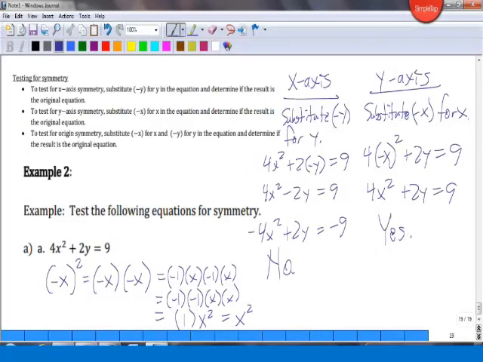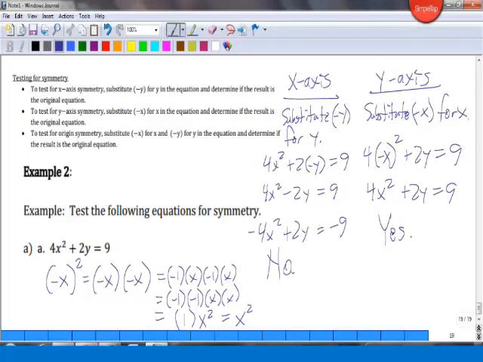Is it possible that it could have x-axis symmetry, that it could have y-axis symmetry, and it could fail to have x-axis symmetry, but still have origin symmetry in addition? No. We concluded that a graph cannot have exactly two of these three types of symmetry.